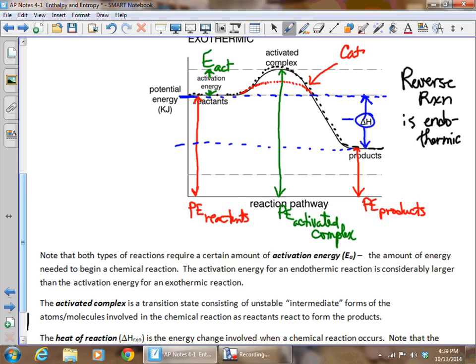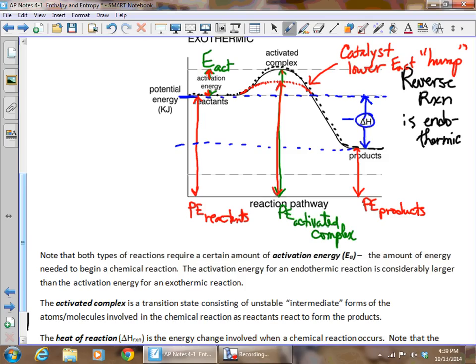So a catalyst lowers the activation energy hump. And look what else it changes. It changes the activation energy. It changes this arrow right here. It changes this energy of the activated complex arrow. So those are the types of things that are going to change when we add a catalyst.